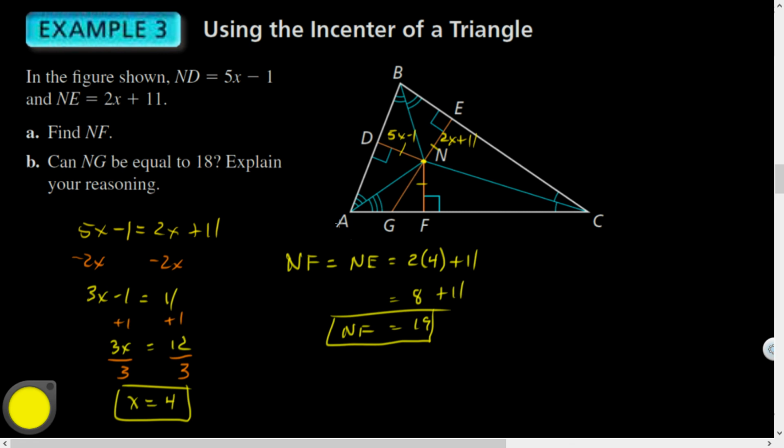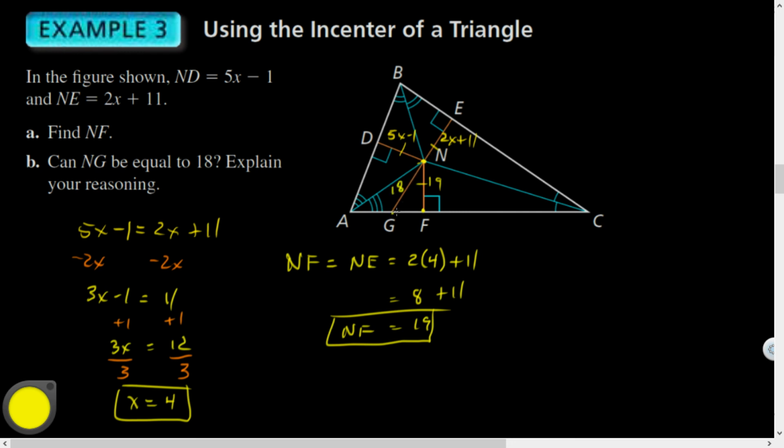Let's see. The question is, can NG equal 18? Explain your reasoning. So guys, here they're asking about NG. Could this distance be 18? If this distance is 19, and it's perpendicular, this distance could not be shorter than it.